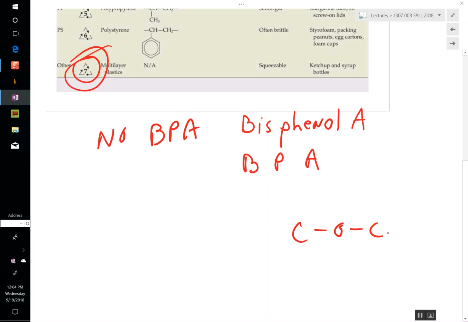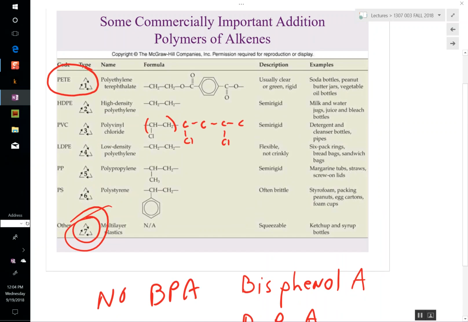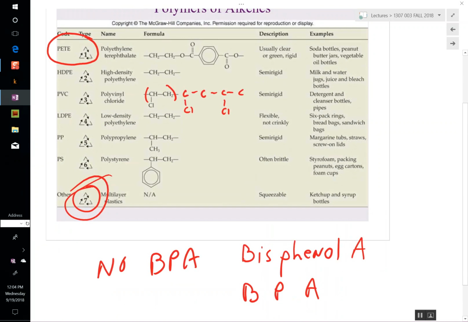Would a 7 have BPA? Yeah, a 7 could, if it was polycarbonate. I'm just saying not everything with a 7 on it is polycarbonate. But I wouldn't trust anything with a 7 on it for food, and particularly going into the microwave, where it gets hot and this stuff can come out of it.